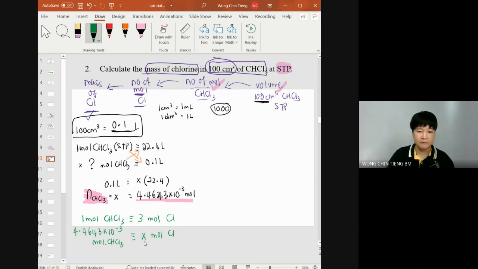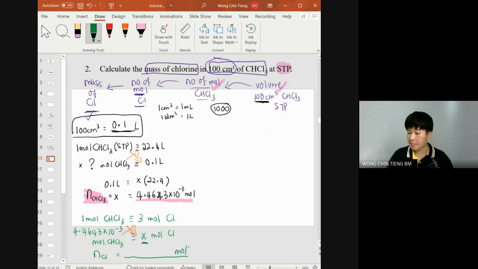So kita nak cari mole of chlorine ni berapa. Case yang sama, masih balik kepada darab silang. So your number of mole of chlorine calculated bila kamu darab silang adalah 3 darab dengan 4.4643 darab 10 kuasa -3, just times the value. You will get the number of mole of chlorine in mole.